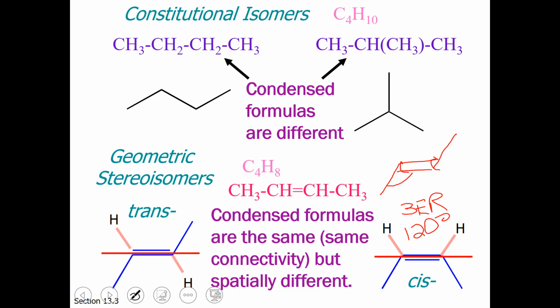Clearly, this bond is close to 120 degrees. So if I'm going to draw in the hydrogen, I need to try and space it so that the rest of my bonds are 120 degrees. That is why this Z configuration is our trans isomer. And the same argument applies for cis.